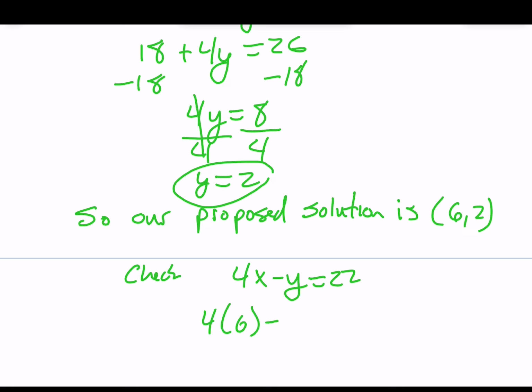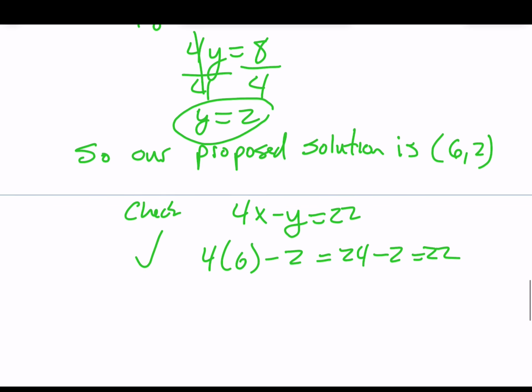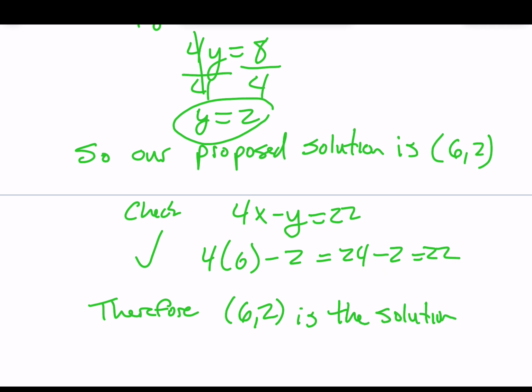So we plug in 6 for x minus our y, which is 2. 4 times 6 is 24 minus 2, which is 22, which is what we should get, so that works out. Therefore, the point we found, 6, 2, is the solution to our system.